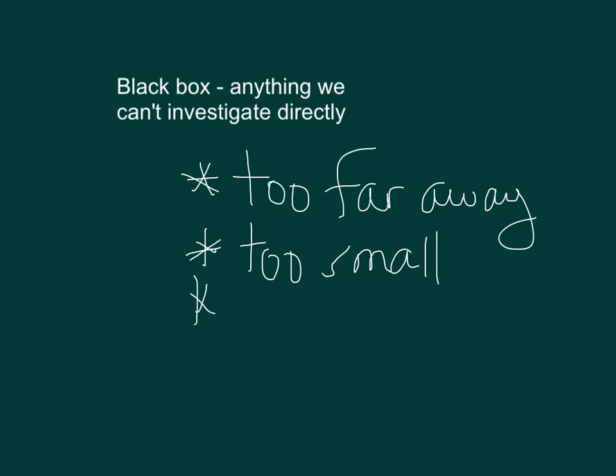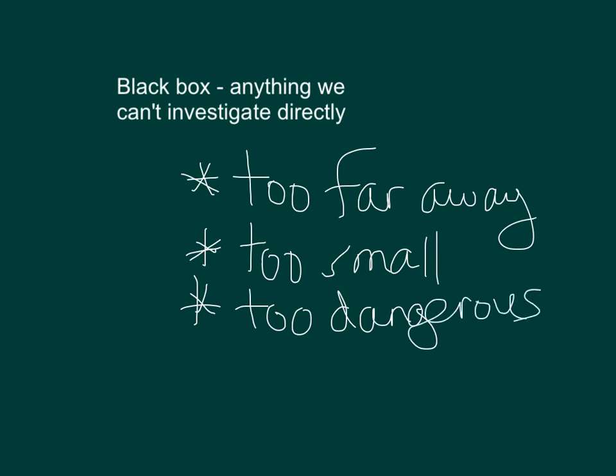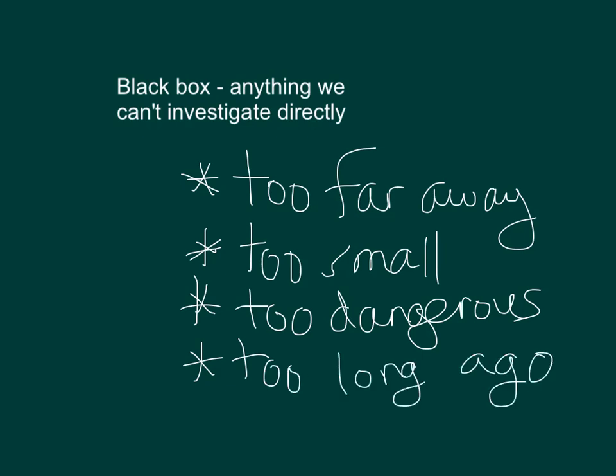Or maybe it's too dangerous, also like the sun. Or maybe it happened too long ago. In our case, the reason that we have to investigate our box indirectly is because I have locked the box door, so you cannot open it. So that's kind of an artificial black box.